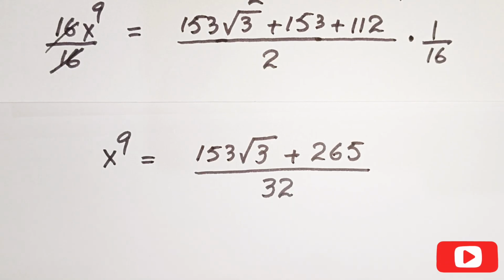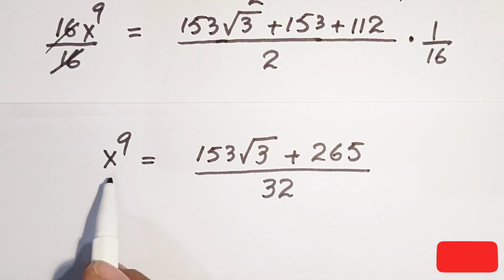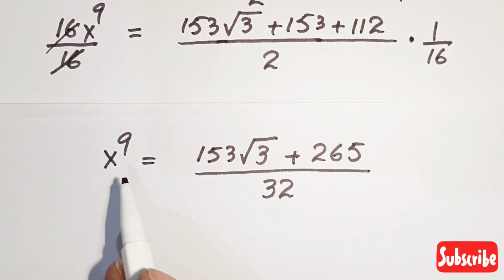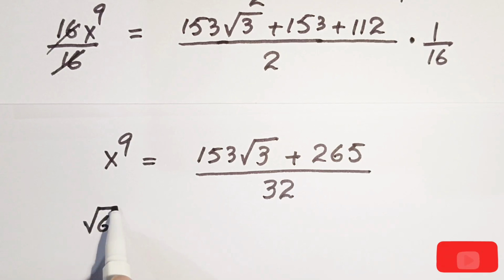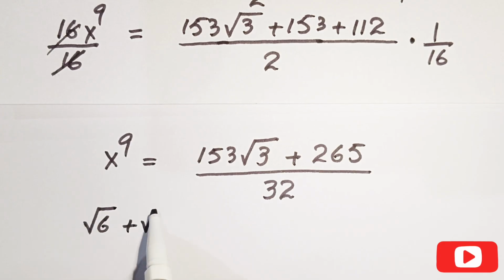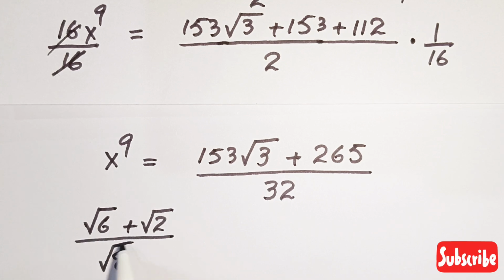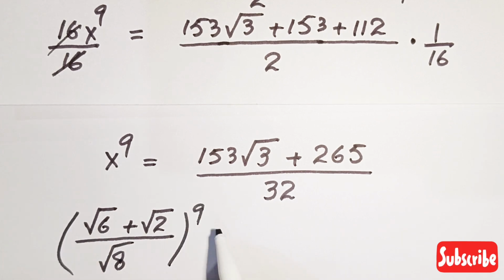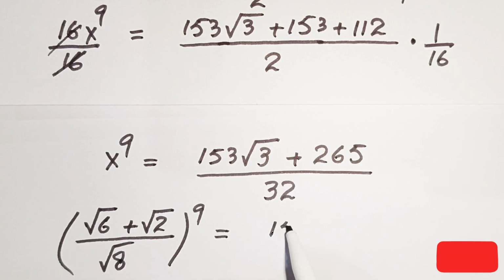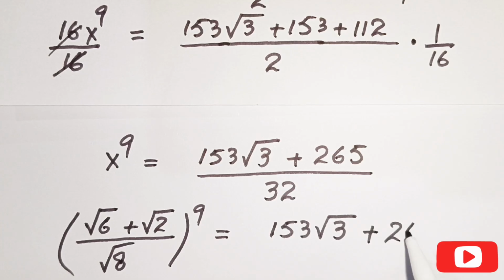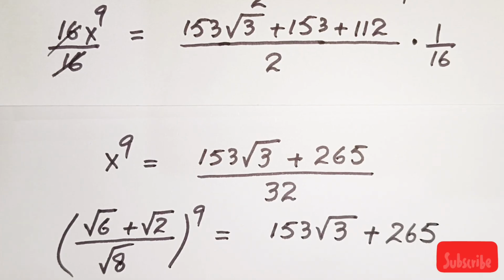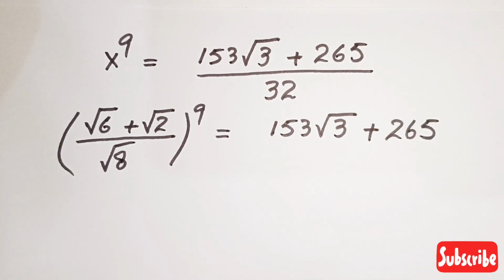So it is the value of x⁹: x⁹ is equal to (square root of 6 plus square root of 2) all over square root of 8, whole to the power 9, which is equal to (153 times square root of 3 plus 265) all over 32.